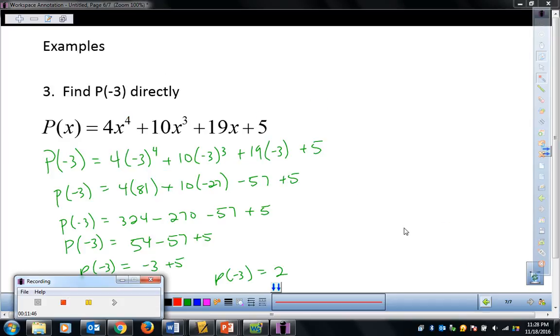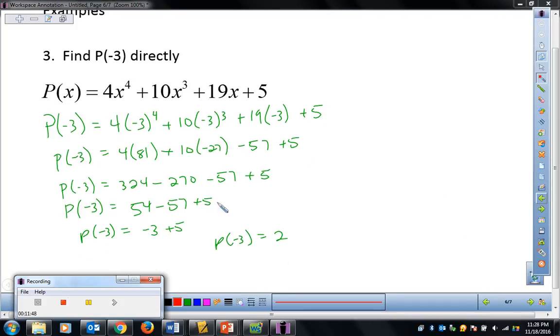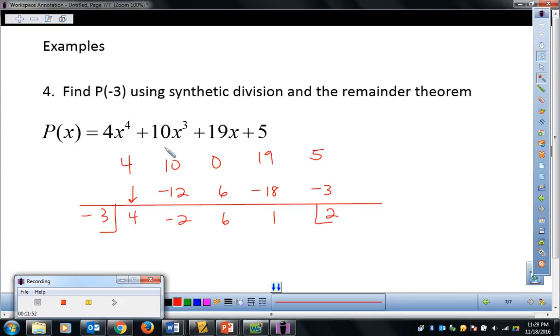Comparing that to p of negative 3, down here we got positive 2, and over here with synthetic division we got a remainder of 2. So the remainder theorem tells me my answer is p of negative 3 equals 2. Sometimes I think synthetic division goes a little quicker because you don't have to worry about exponents that are cubed and raised to the 4th power.